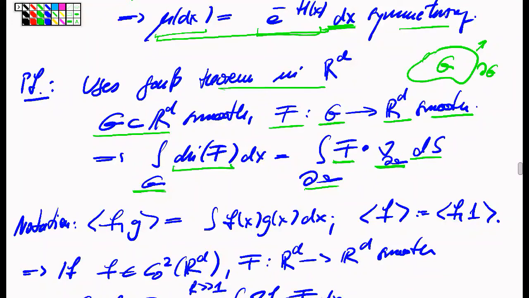So this is this flux picture. f is something like a flow which transports mass through this domain, and the divergence of this flux measures the total amount of mass being created or destroyed by the flux f.